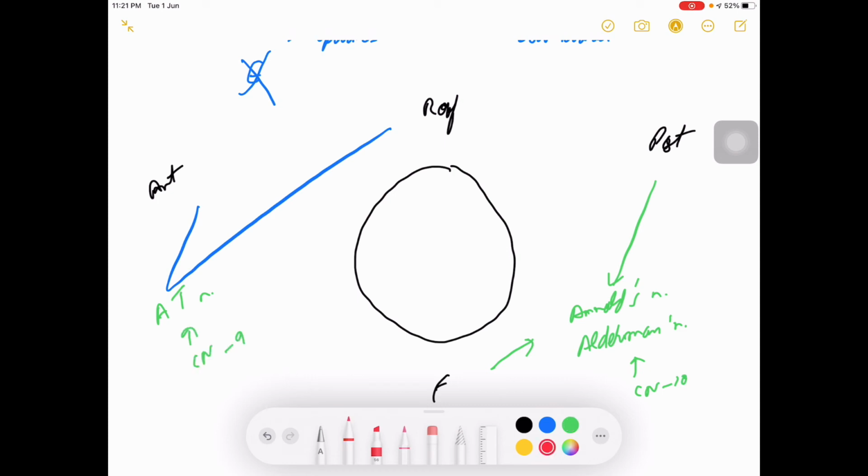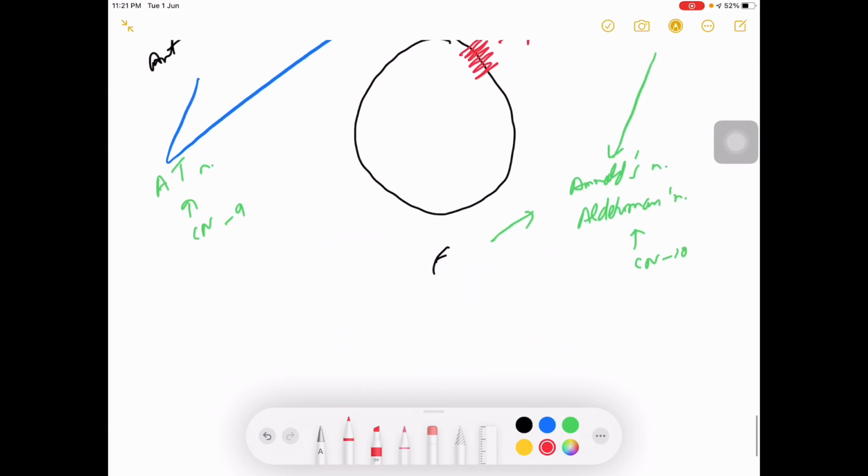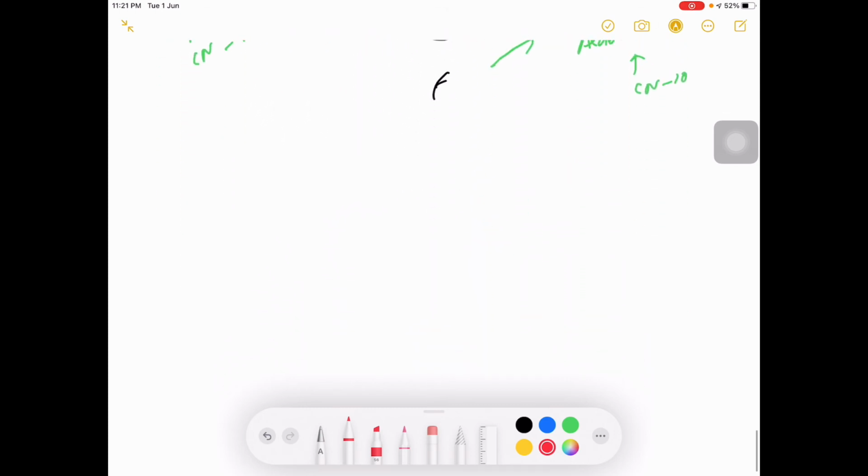Now there is some part, your posterior superior part, which is supplied by the facial nerve, the sensory part of the facial nerve. So three nerves supply the EAC: auriculotemporal, Arnold's nerve, and the facial nerve. Now you need to remember about two quadrants.